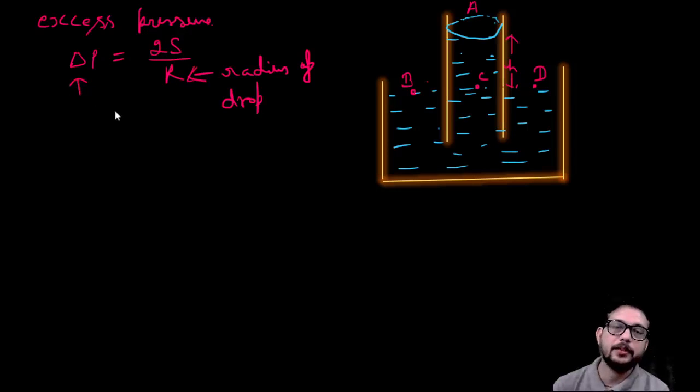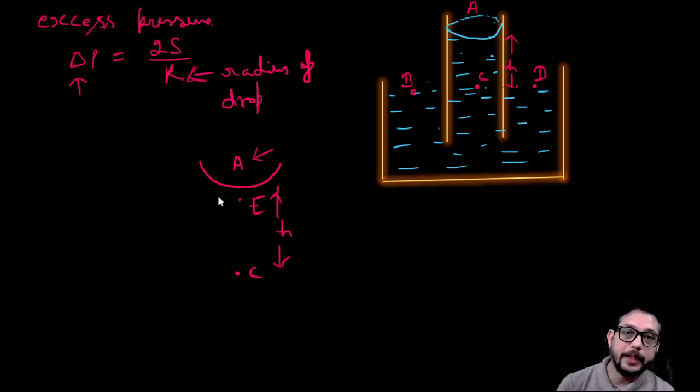This is excess pressure, we can represent as delta P. Now we can see that this is the surface, or we can say the concave side of the meniscus, so this is point A, and below it there is a point B. Sorry, if this is B, C, D, then it may be point E, and this is your point C, which is h height below the point E. The A point is at the concave side, so it has more pressure compared to the E side.